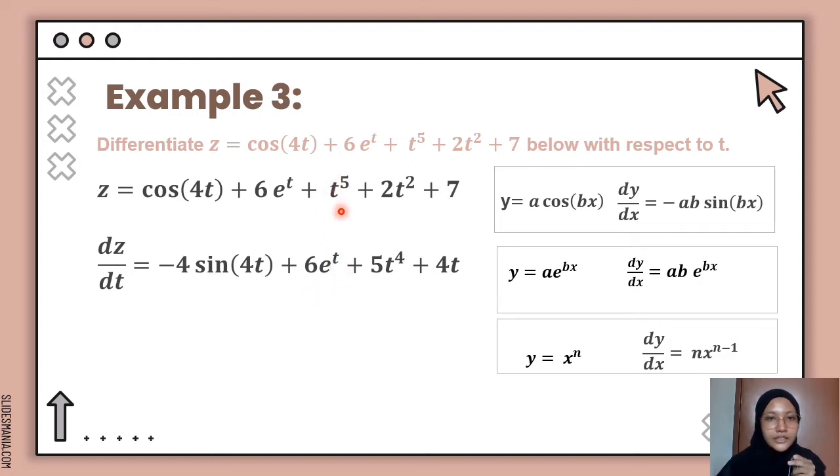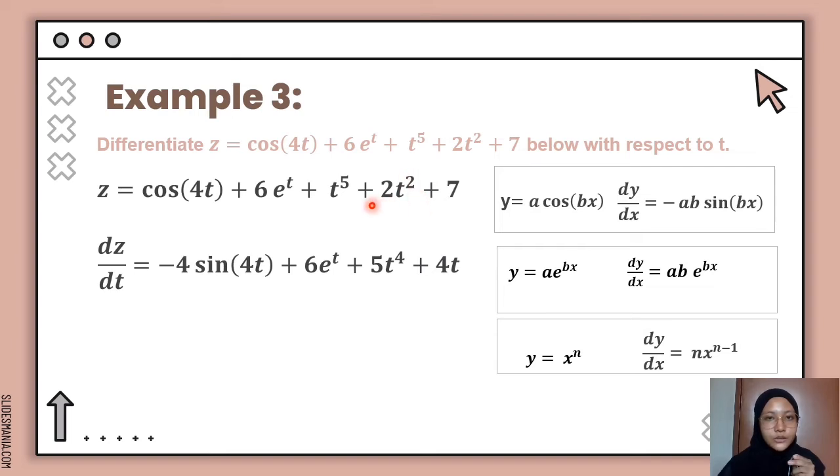And then we move to the next part, which is t to the power of 5. We will use this formula. We need to bring 5 to the front and then subtract 1 from 5, we will get 4. So we will get 5t to the power of 4. And next, for 2t to the power of 2, we need to bring 2 to the front.